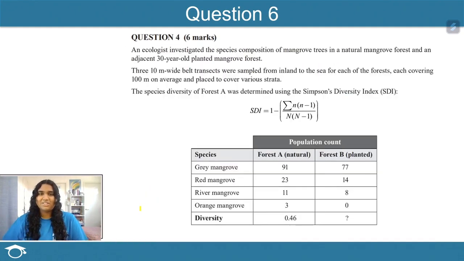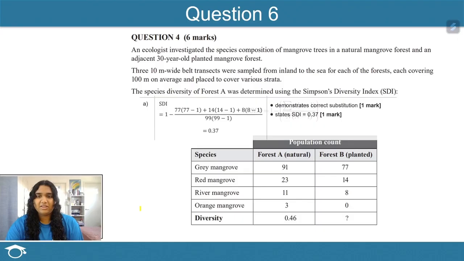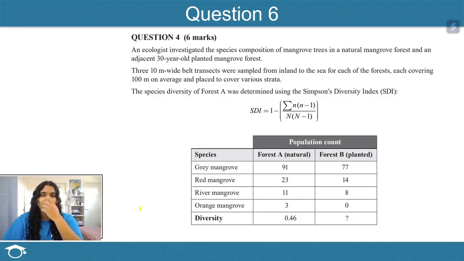All right, question number 6 is a 6-mark question, also from a paper 2. So this is technically classified as an extended response question. I've only given you part A of this question, which is worth 2 marks.